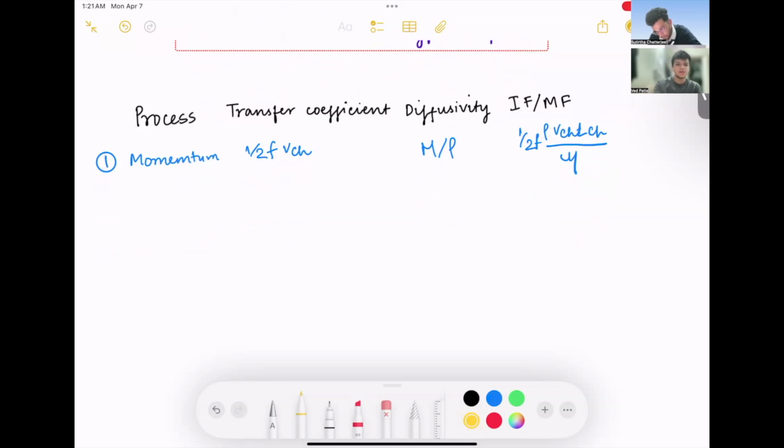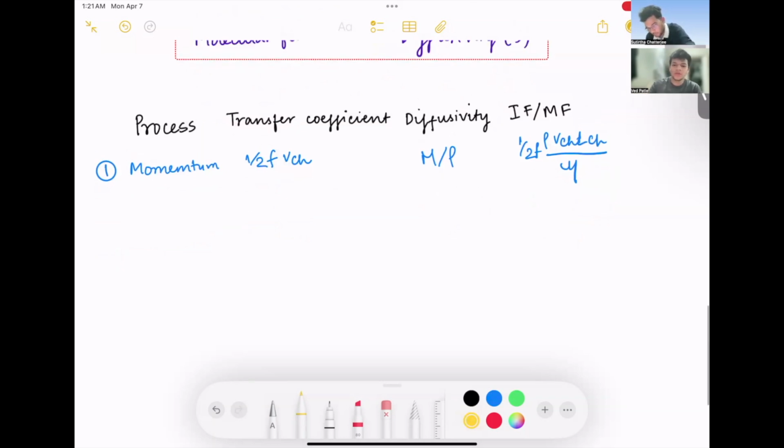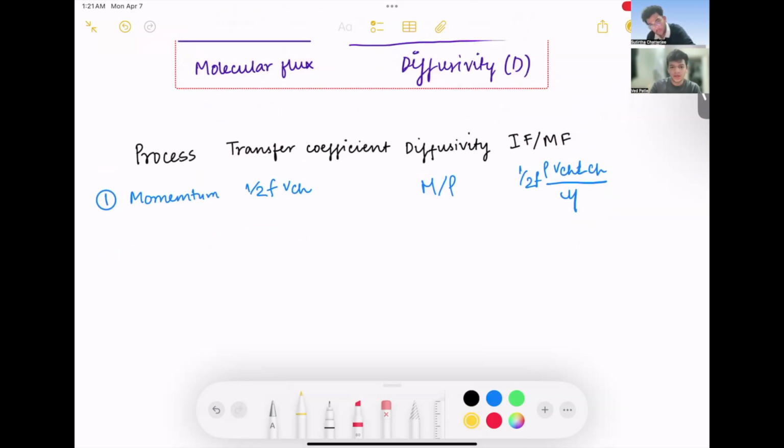We can also write this interface flux upon molecular flux as half F into RE. RE is nothing but rho VCH into LCH divided by mu.